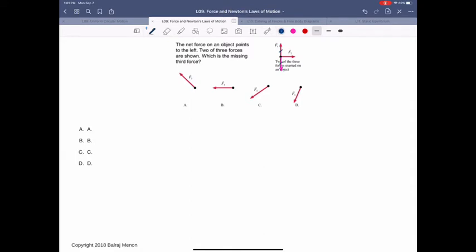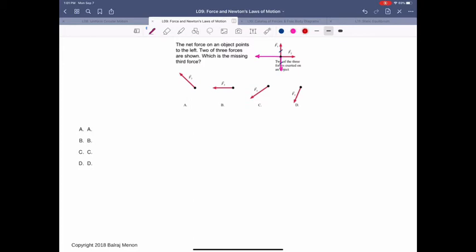Now, F3 has to have a horizontal component, and the horizontal component of F3 cannot be the same length as F2, because if that were the case, then the net force would just be zero. So you want to draw the horizontal component of F3 to be greater than that of F2.